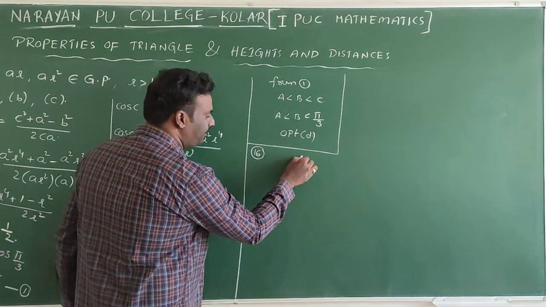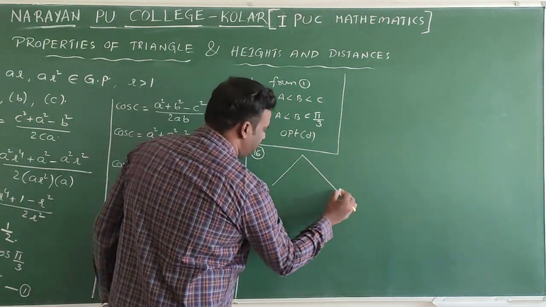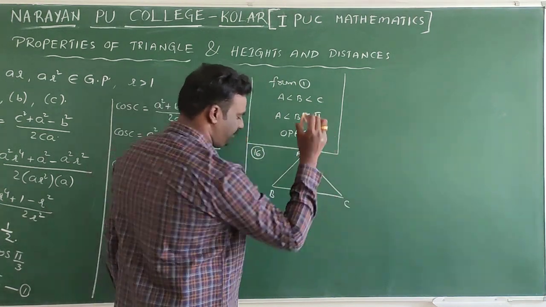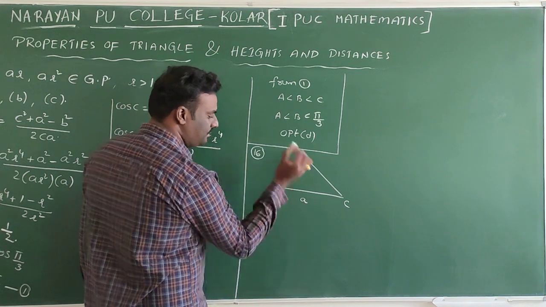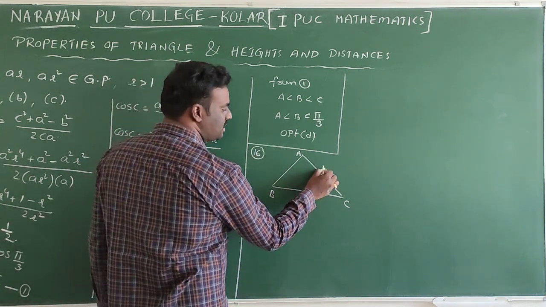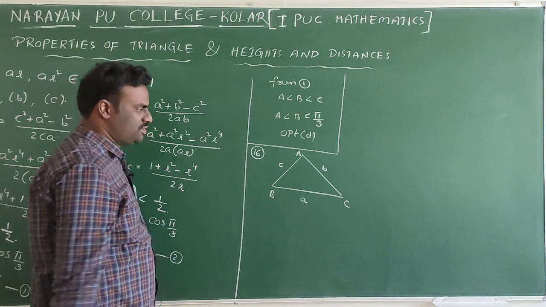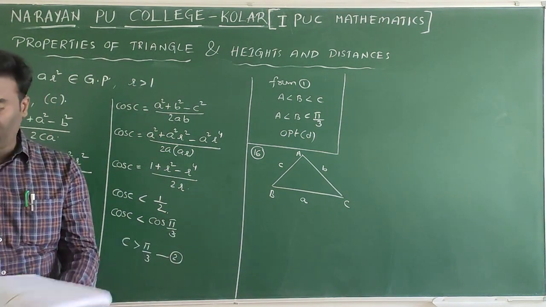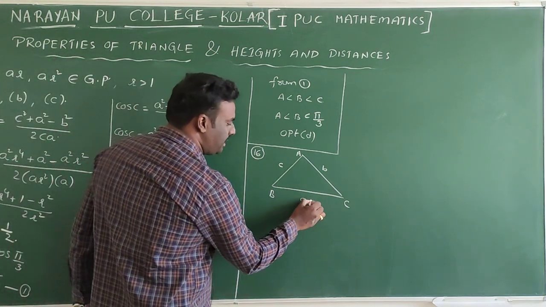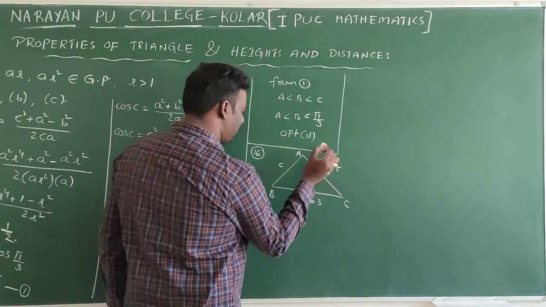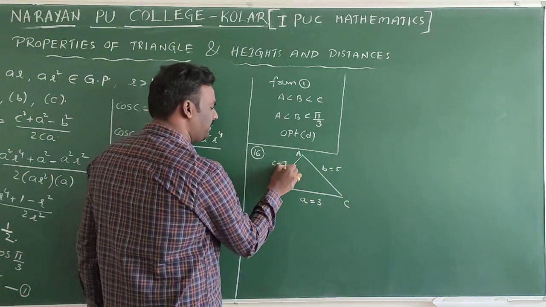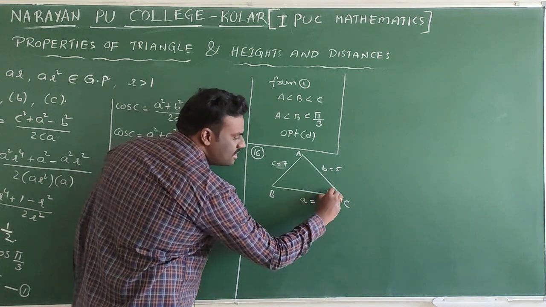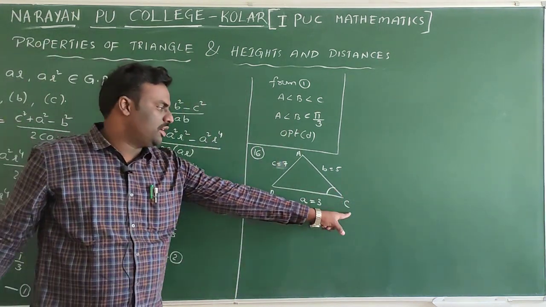For example, if you draw a triangle ABC, this BC length is a, AC length is b, AB length is small c. So these are the sides. In these sides, they given already in the question 3, 5, 7. This is 3 I am taking, this is 5, and this is 7. Which is the largest? This is the largest. The angle C is the largest angle.